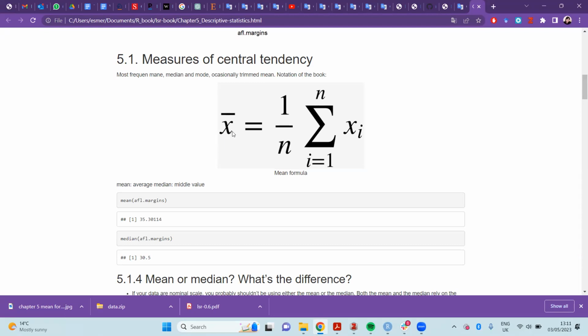They say that along the book, we are using this notation where X with a subindex i means the i-th observation, or the n-th observation, of the variable X. The summation is the summation, and the capital X with a bar is the mean.